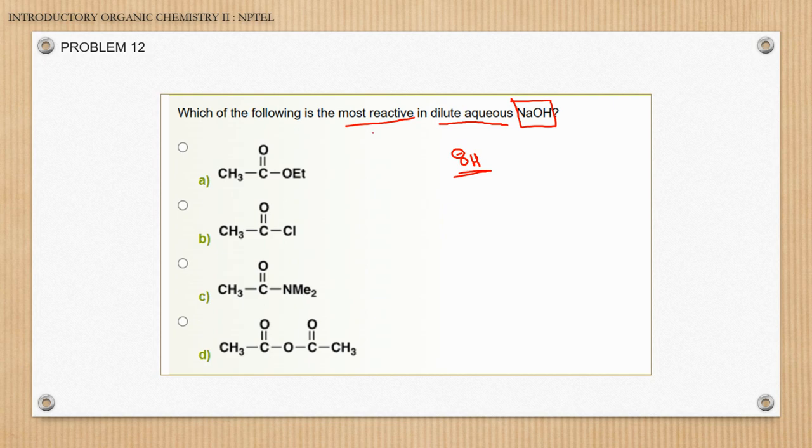So here also the similar concept will apply. Hydroxide will attack on this acid chloride, and Cl minus will knock out. So it will be most reactive in this dilute NaOH case, because NaOH is behaving as a nucleophile and substitution is taking place. Similarly, you have the similar reactivity competition between these four. Okay, so is it clear why the acid chloride is the correct answer?